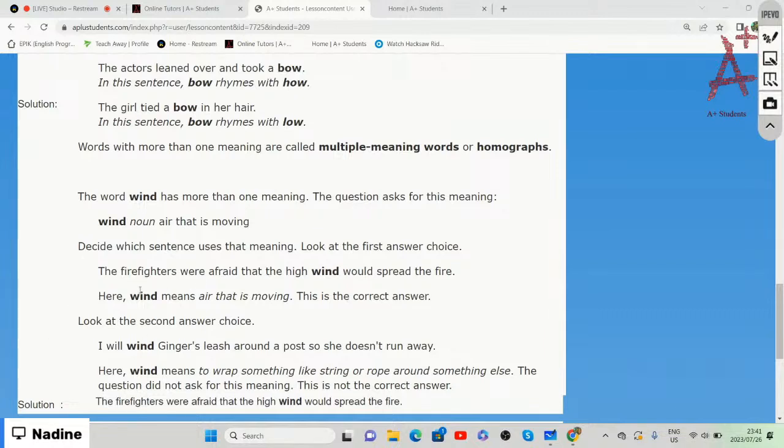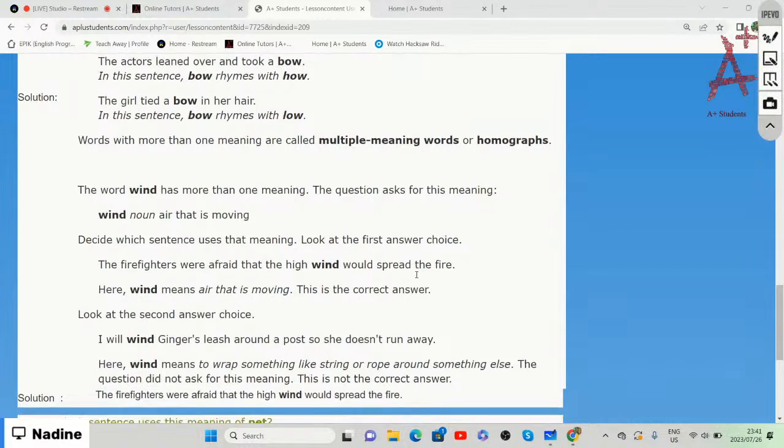We made an example of the firefighters being afraid that the high wind would spread the fire. The high wind spreading the fire has to do with the air that is moving. And remember we said that the more the wind blows, the more the fire will spread, right?